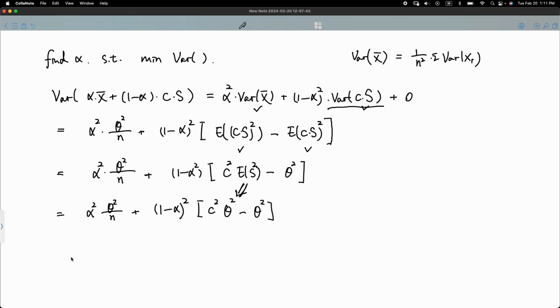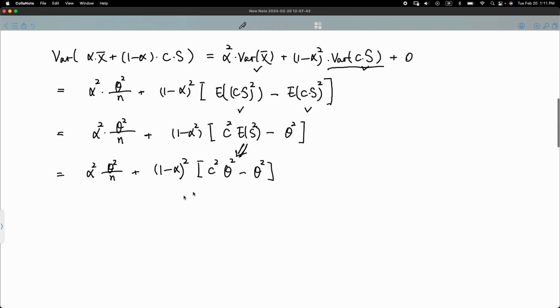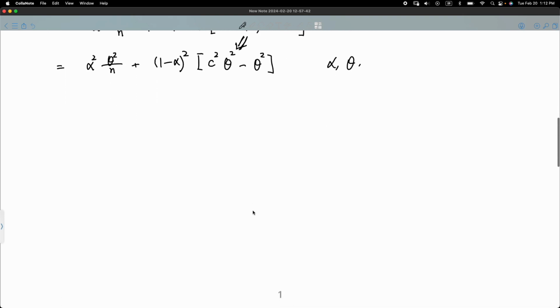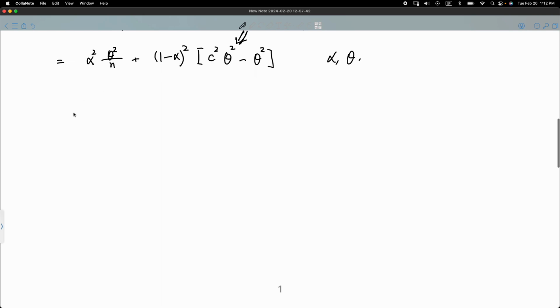Why is that? Okay, so after we have that, we have a formulation involving alpha and the parameter theta. So now our goal is to find alpha such that we achieve the minimum variance. Okay, in this case, we are going to take the derivative with respect to alpha for this variance term.